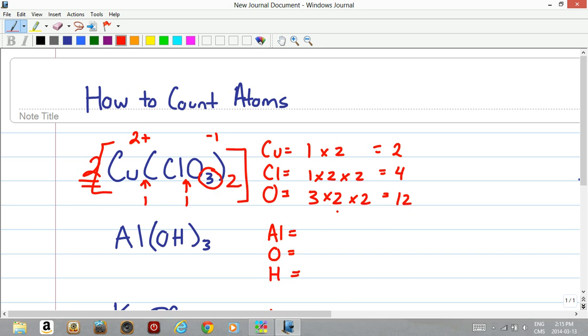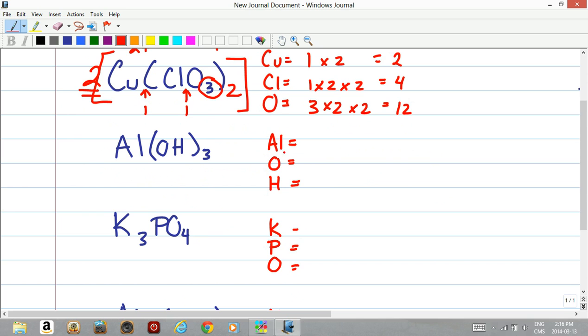Now, let's take a look at another example. Let's look at aluminum hydroxide. Again, there's no subscript for aluminum, so that means 1. There's nothing for oxygen, so that means 1. Nothing for hydrogen, that means 1. And we have a 3 outside the bracket for O and H, so we multiply everything in the bracket by 3.